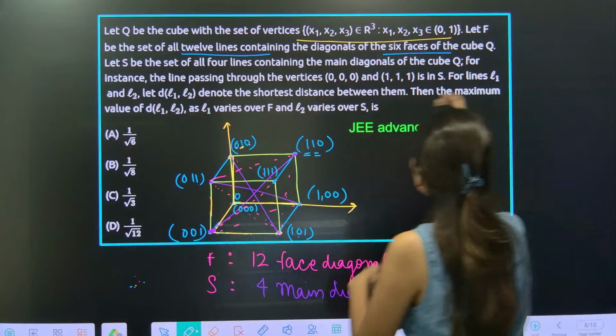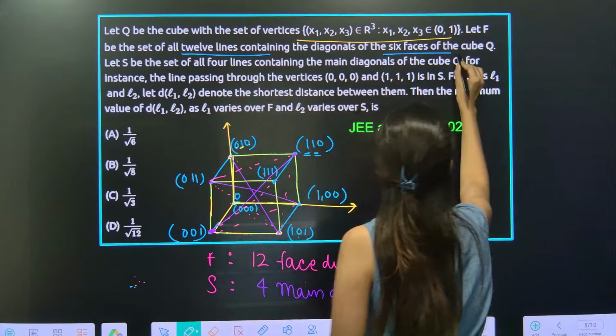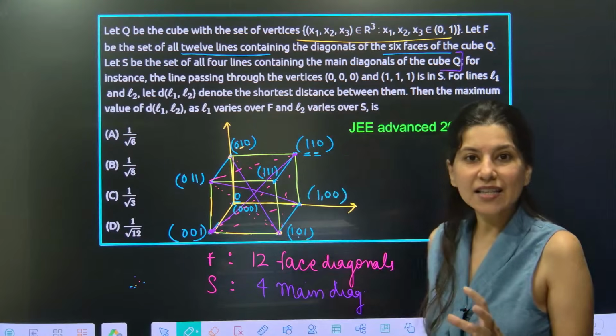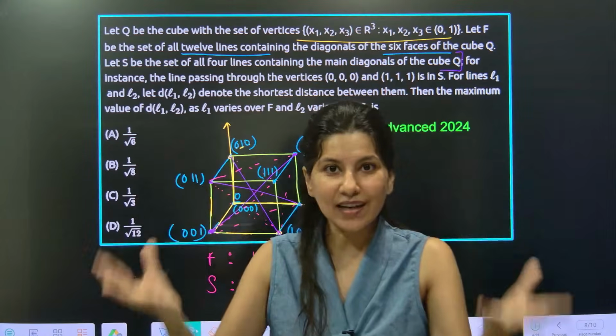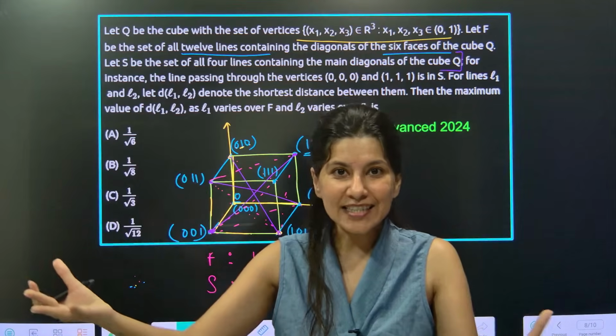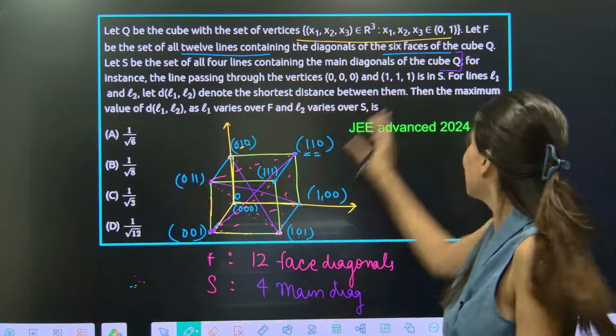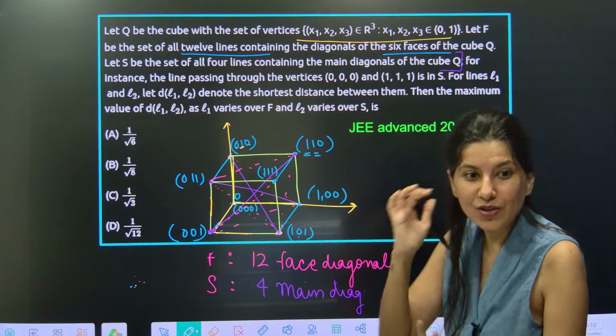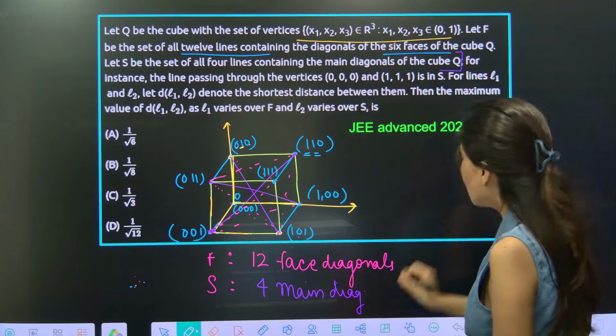Till now we are just understanding the diagram of a cube, the vertices, the diagonals, everything. Till now we have not understood the question. So 4 main diagonals.